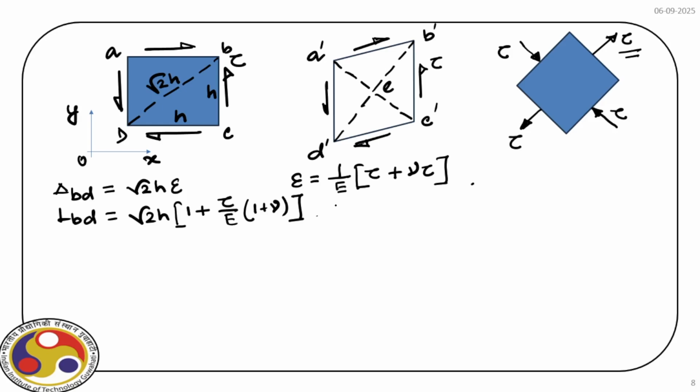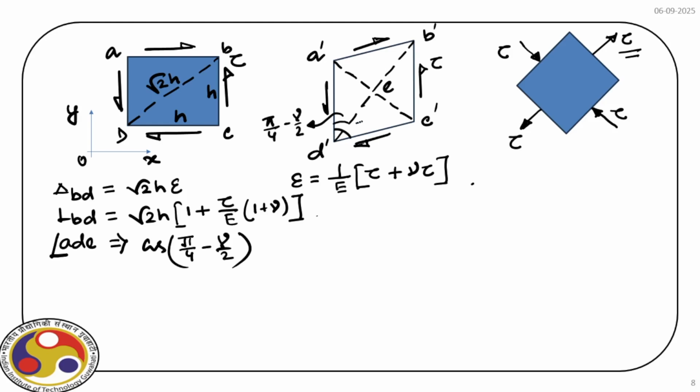Okay. Now, if you look at the angle ADE, this is cos of pi by 4 minus gamma by 2, right? So this angle is pi by 4 minus gamma by 2.